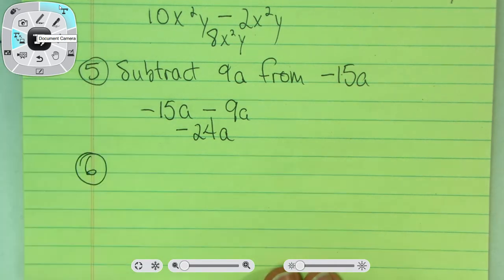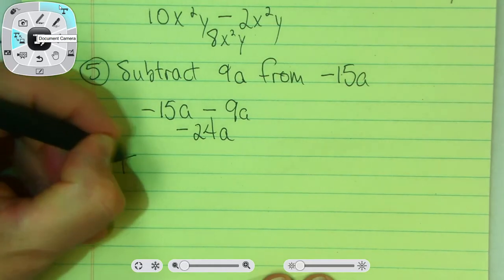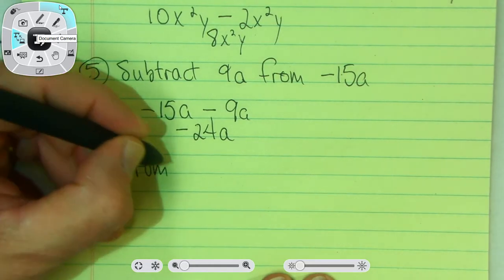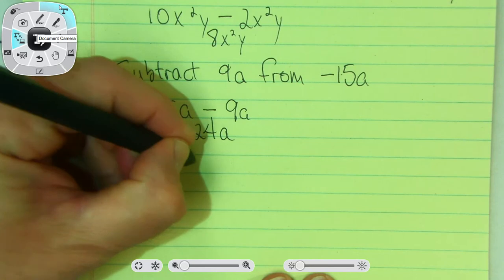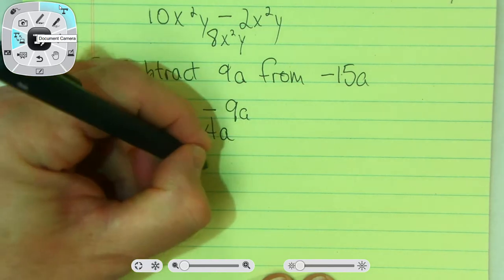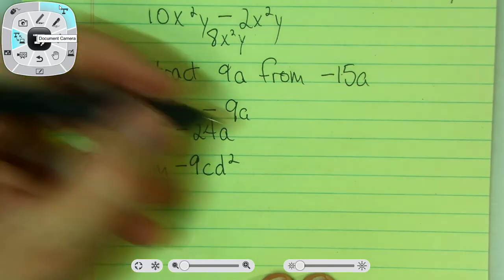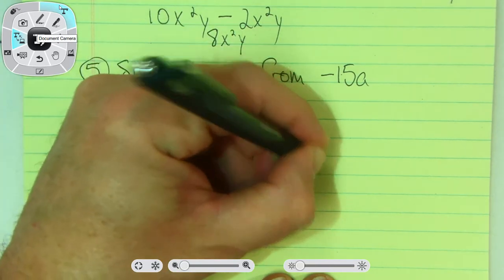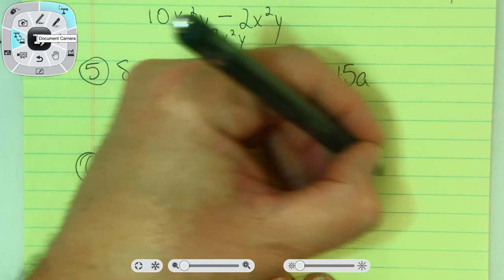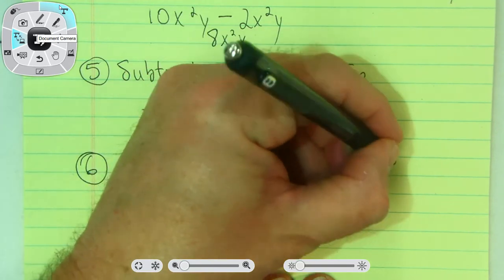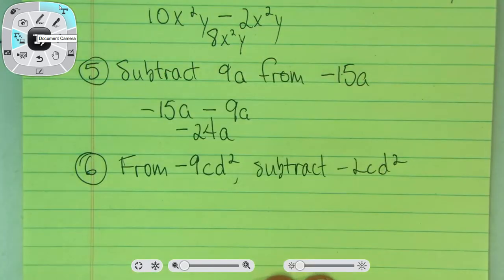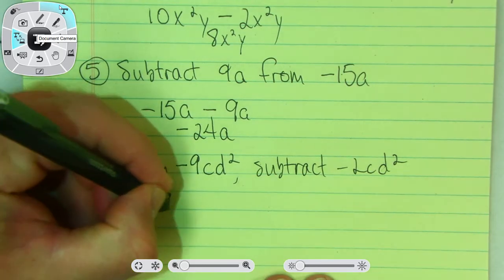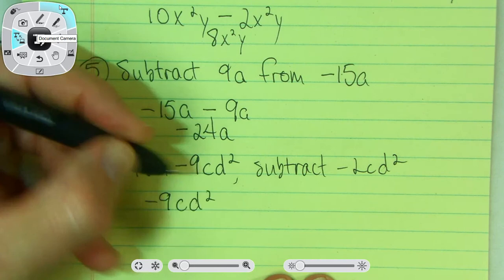Last example, number 6. I'll word this one a little differently: from negative 9c d squared, subtract negative 2c d squared. Which comes first? Yeah, negative 9c d squared.